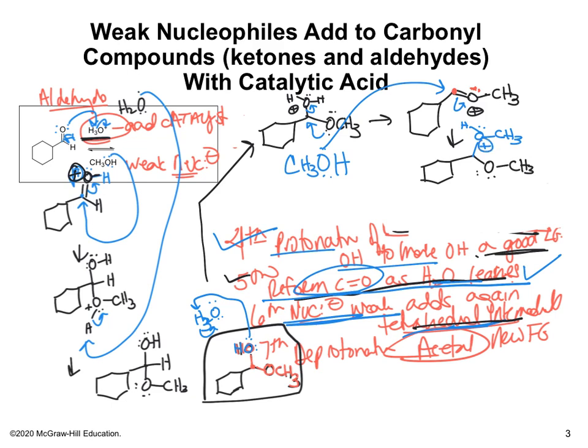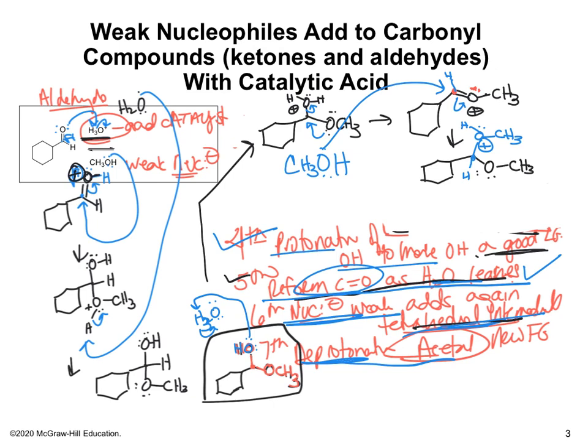Here's our formal charge. So we form the tetrahedral intermediate. That carbon has a hydrogen there, so you have a hydrogen there. There's your four things. And then you're going to get protonation, deprotonation of the acetal to form the acetal.